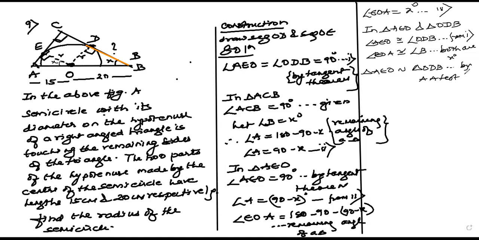And once the triangles are similar, children, corresponding sides are in proportion: AO upon OB equals AE upon OD equals EO upon BD equals AO upon OB.